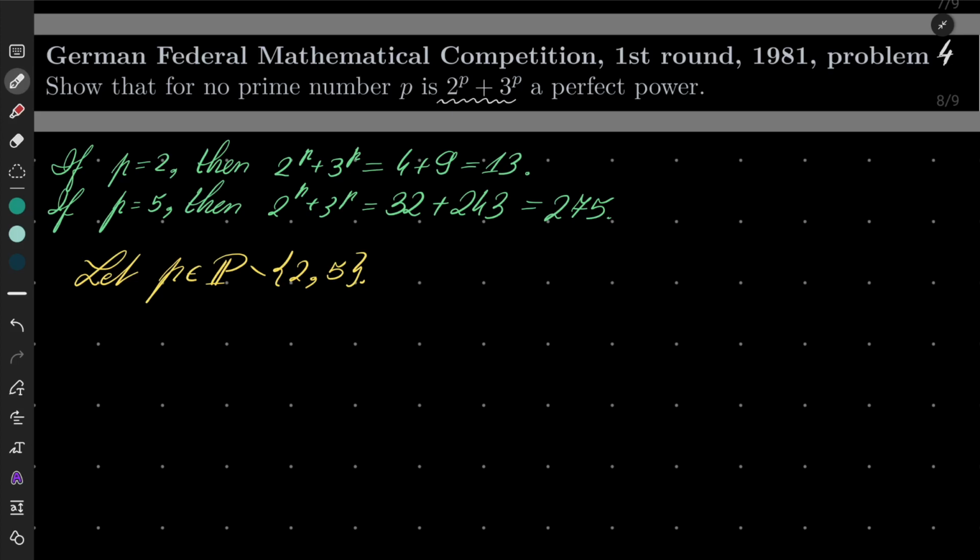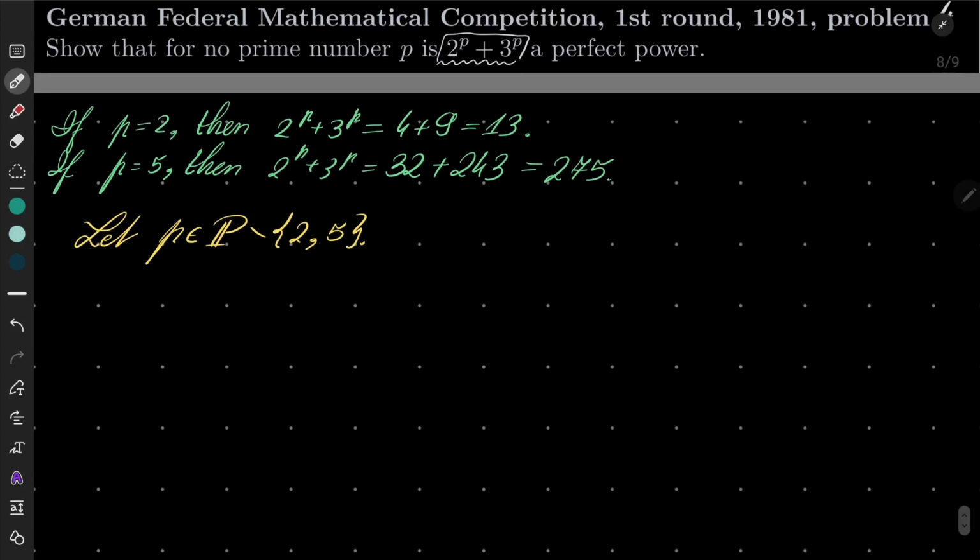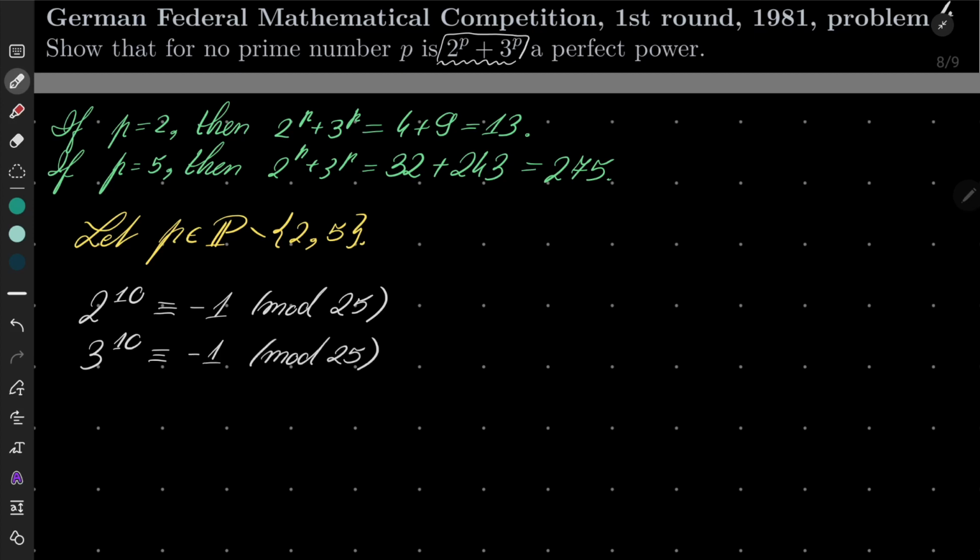So now I wish to consider this sum modulo 25. Let's notice that 2 to the power of 10, as I suggested, is congruent to minus 1 modulo 25. And also 3 to the power of 10 is congruent to minus 1 modulo 25.